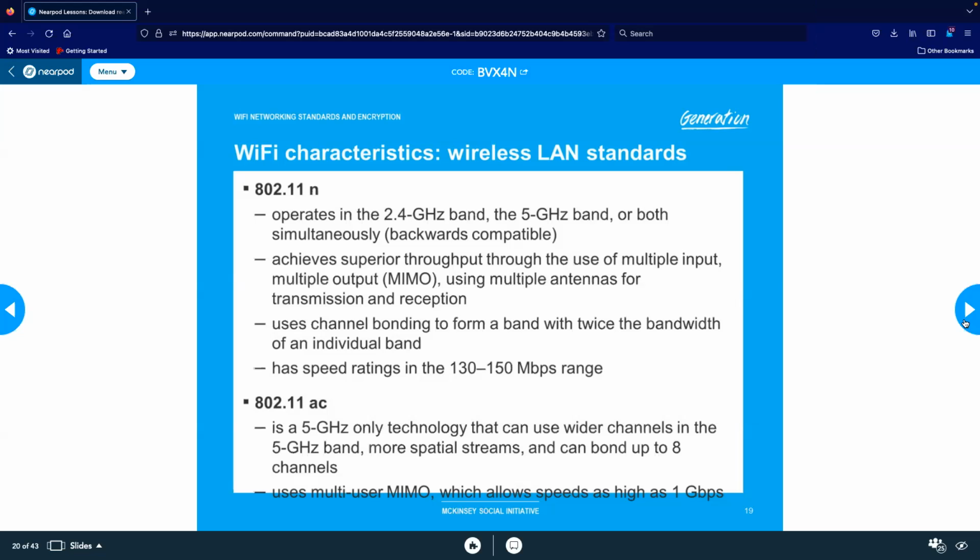It doesn't matter if it's coming from the ISP or if it's computers internally talking to each other. So it's the total throughput that router can handle. If I'm setting up a LAN party at my house and all the computers are talking to each other, it doesn't matter what's coming in from the outside. It can only handle 130 to 150 megabits per second.